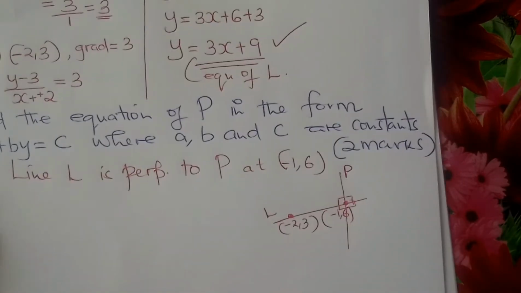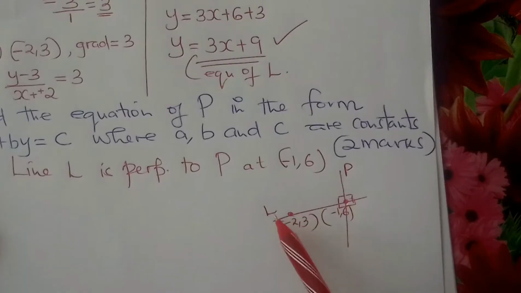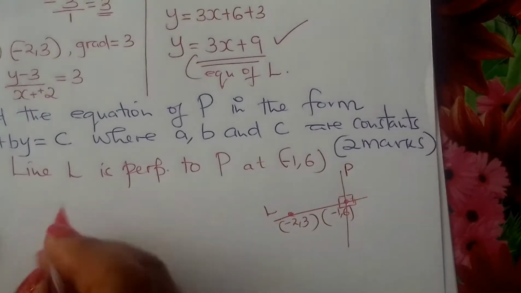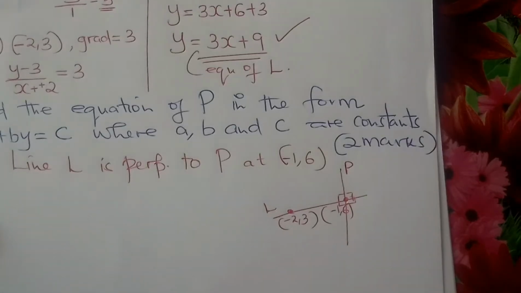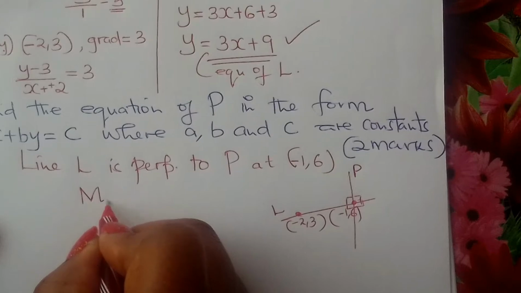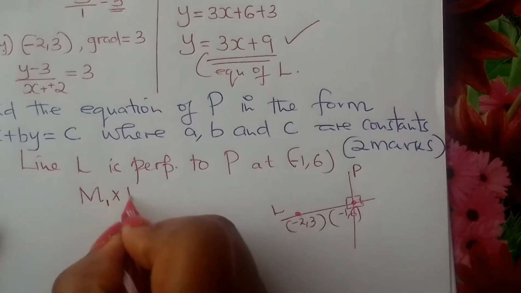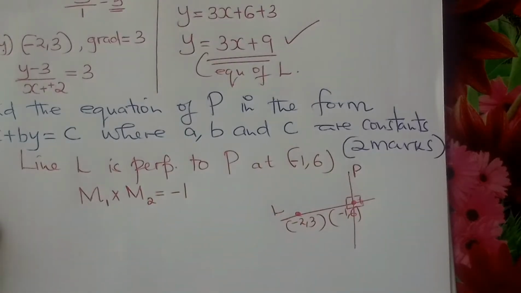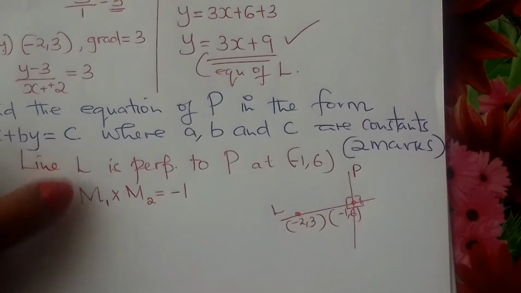The first thing that you ask yourself, learner, is about the relationship between the gradient of L and P if they are perpendicular. If two lines are perpendicular, their gradients are related this way: M1 times M2 gives us negative 1. What was the gradient of L?